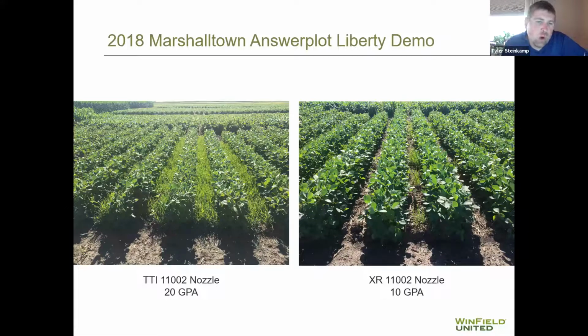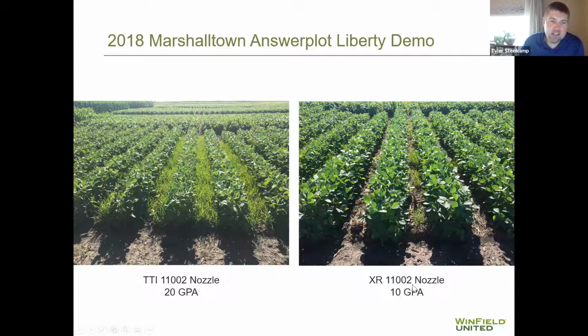The reason why is because I've had a lot of farmers, a lot of applicators tell me, well, you know, I'm not going to go out and buy new nozzles. I'll just increase my gallons per acre and that'll take care of the issue. You cannot overcome your nozzle and your droplet size by increasing your gallons per acre. And that's very apparent here.